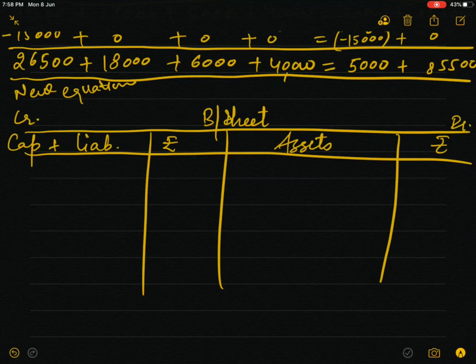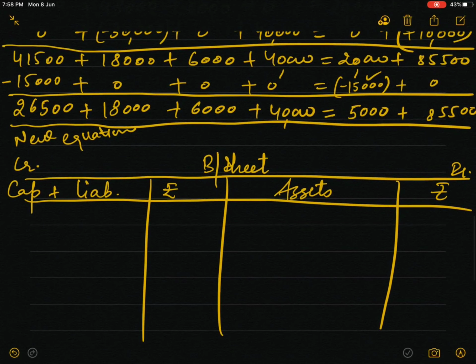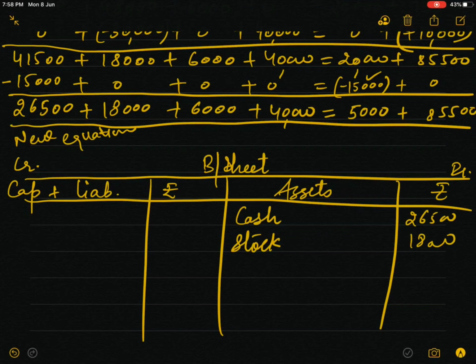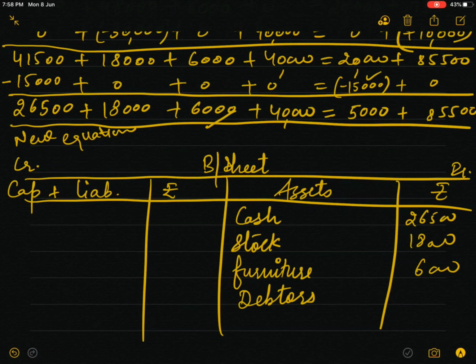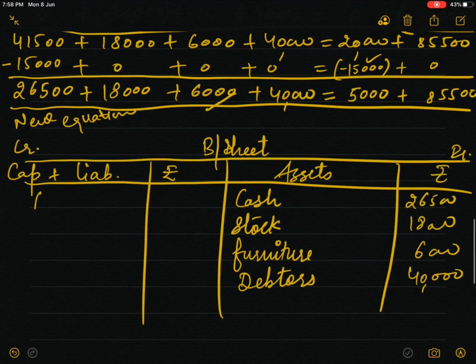Put the asset balances: cash 26,500, stock 18,000, furniture 6,000, and debtors 40,000.